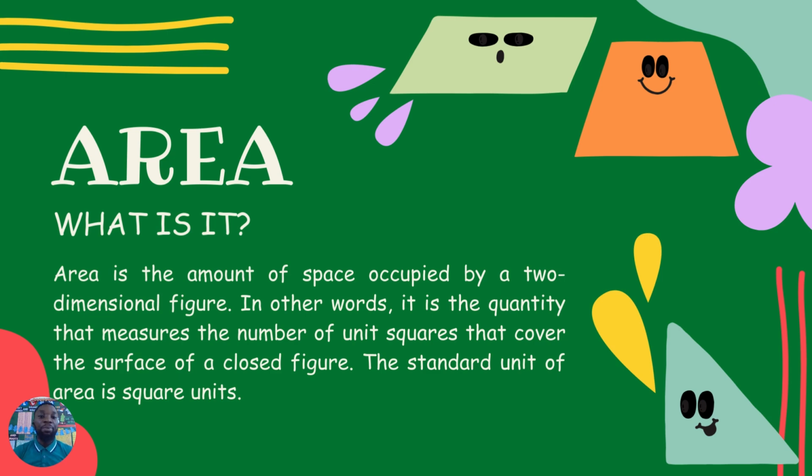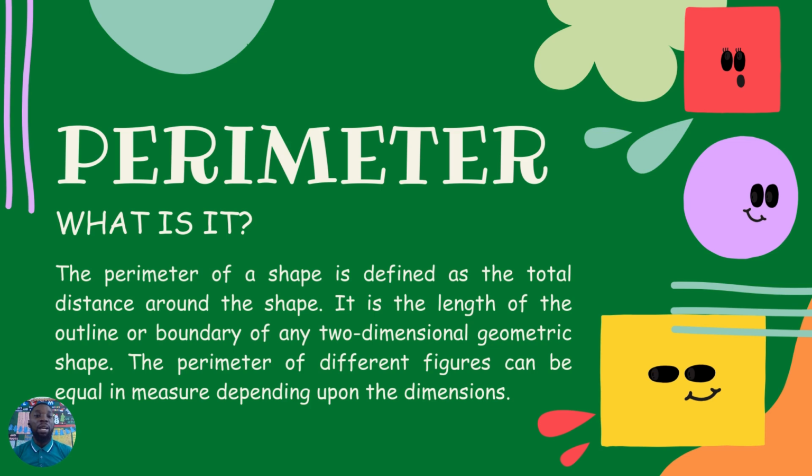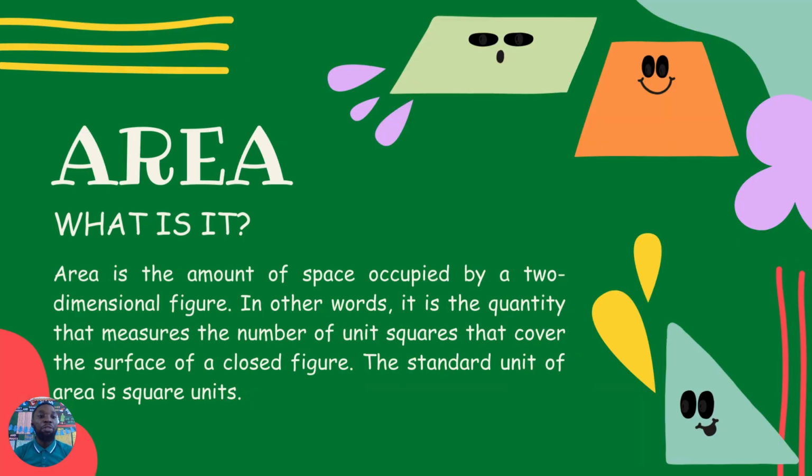Area is the amount of space occupied by a two-dimensional figure. In other words, it is the quantity that measures the number of unit squares that cover the surface of a closed figure.